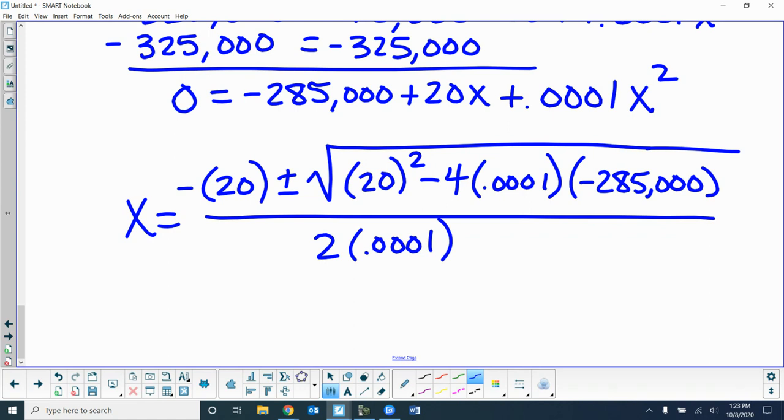Now, if I have a negative number here and subtract it, what kind of number is the top? Still negative, right? If I start with a negative and subtract, I'm still negative. Then I divide by a positive, what's the answer? Negative. Do I want a negative answer if I'm looking for the number of books I'm going to publish? No. So do I need to do the subtraction one? No. You see that? You understand my thinking? So you don't need to do the plus and minus. You just need to do the plus.